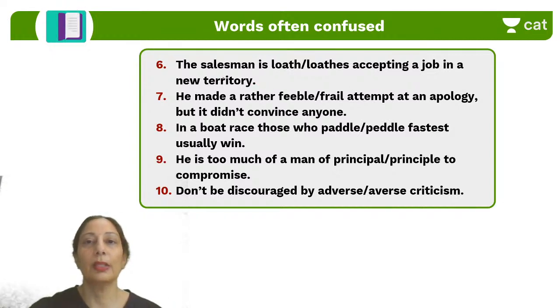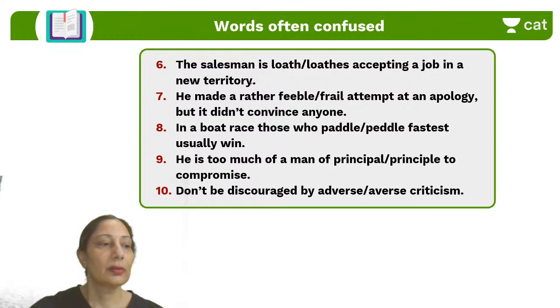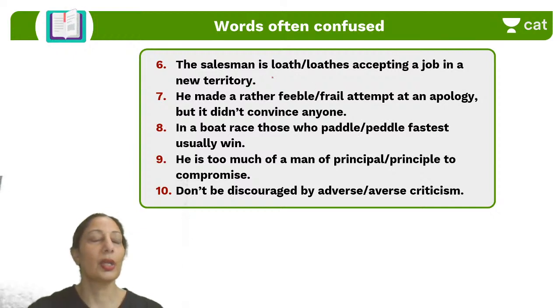Okay. The salesman is loath or loathes accepting a job in a new territory. The salesman is loath accepting a job in the new territory. So, what is it? What is the answer, guys? Second one. Yes, it means the first years of college.